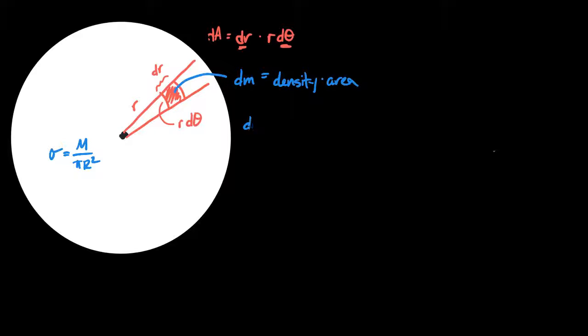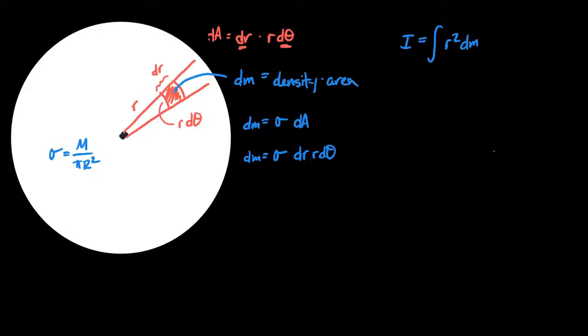So my dm is going to be sigma, lowercase sigma for areal density, dA, or sigma dr r d theta. That's my dm. Moment of inertia is the integral of r squared dm.